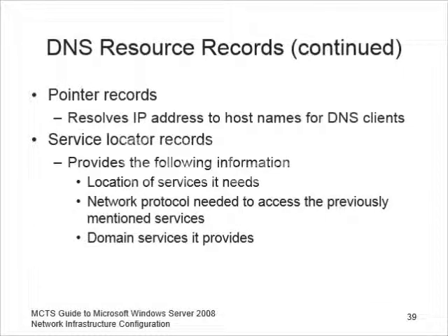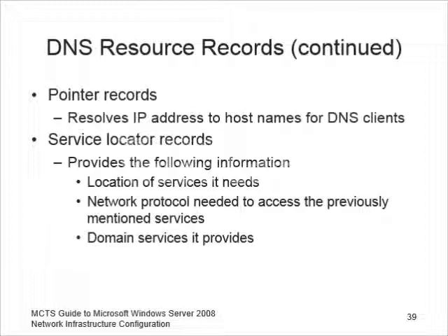And finally, we have our service locator resource record, which enables you to specify the location of servers that provide a specific network service over a specific protocol and in a specific domain. SRV records allow you to have several servers offering a network service and to move services between servers without changing the client configuration.